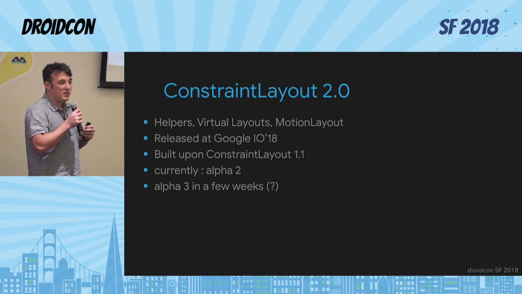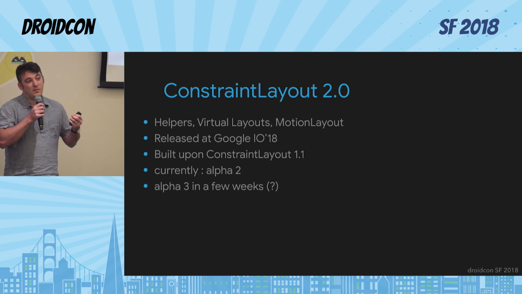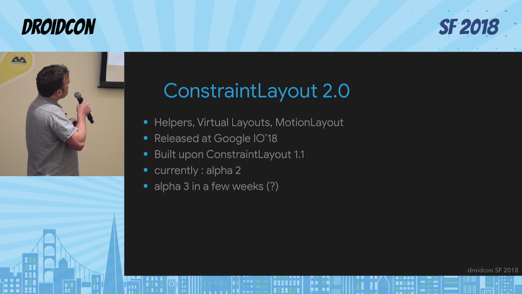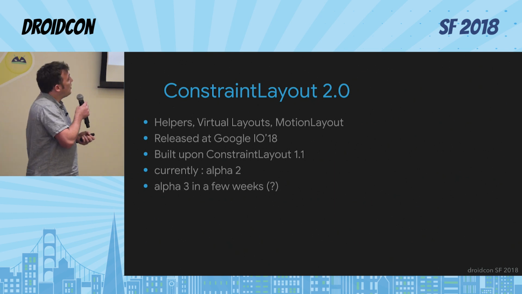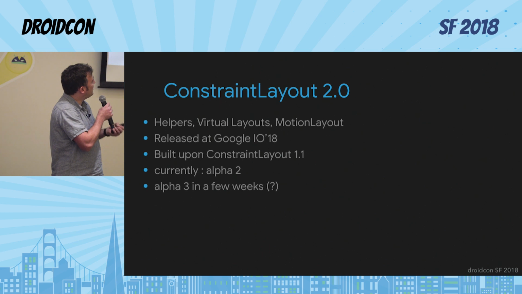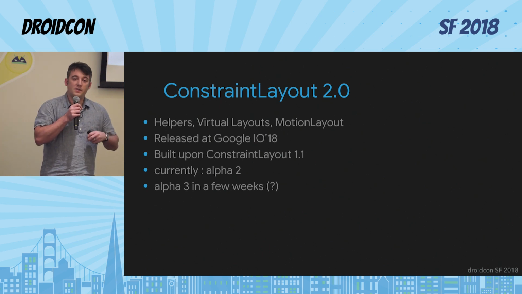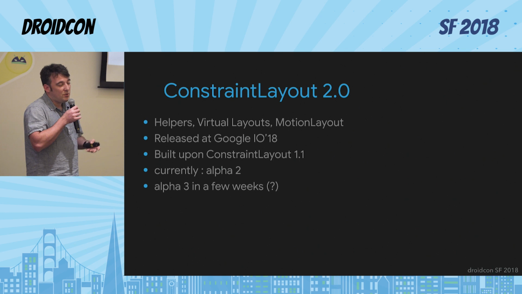It's a pretty complex behavior, and the goal for us is that all this work essentially will save you time, right? So we released it as an alpha release at Google I/O. Right now we're at Alpha 2. We're working on Alpha 3, and even though it's an alpha, in terms of the motion, the layout computation, etc., it's based on ConstraintLayout 1.1, so it's actually pretty stable.